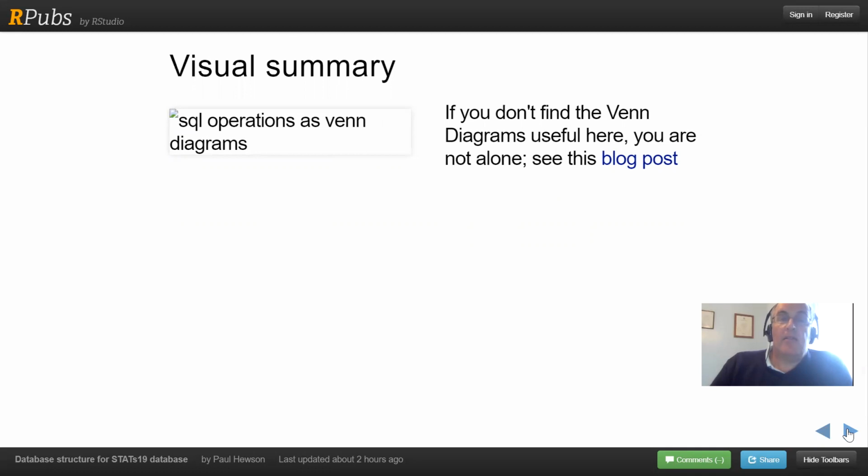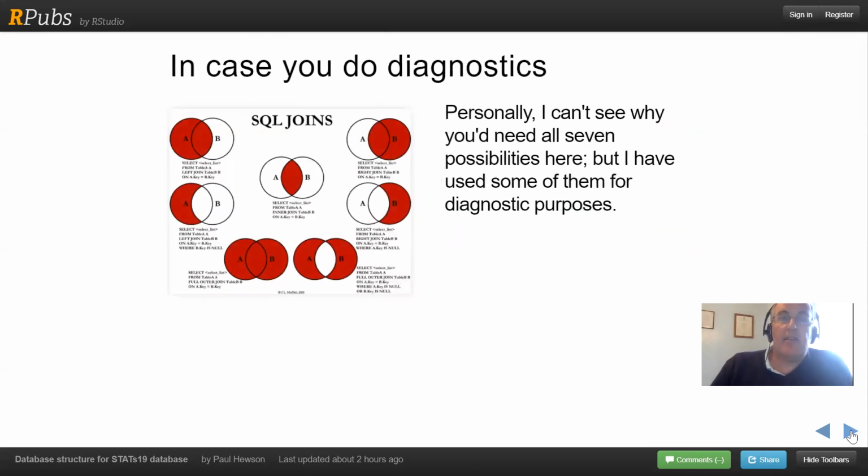So we can consider all of these as operations with Venn diagrams. And as it says there, there's a link to a blog post. If you don't find Venn diagrams a helpful way of understanding SQL queries, you're not alone. There's an interesting blog post to read.